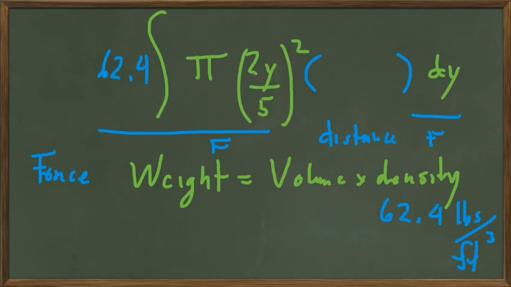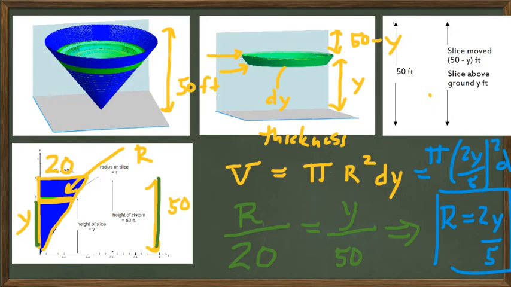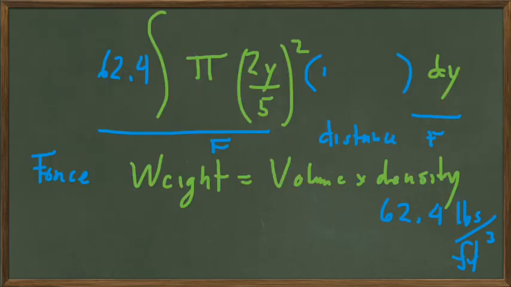And the distance, if we go back to the previous slide, is how far that slice of water is moved, which is that amount, which we've already marked from here to here, and that is 50 minus y. So if we put that in, we now have, let me tag this just a little bit differently.